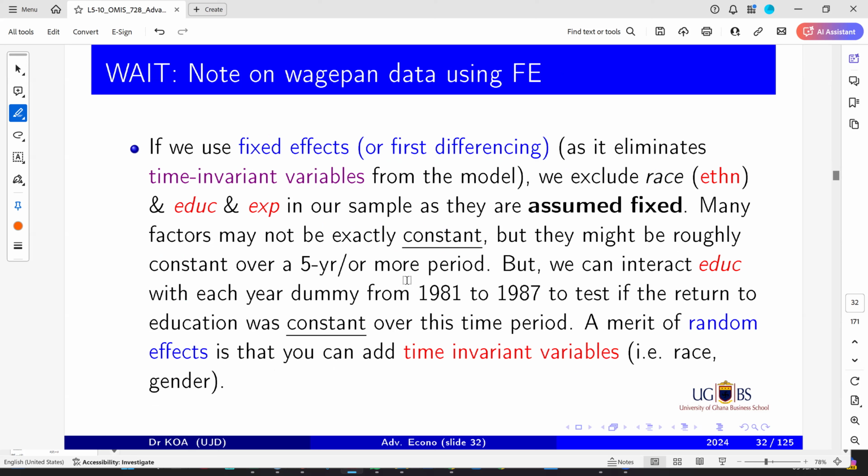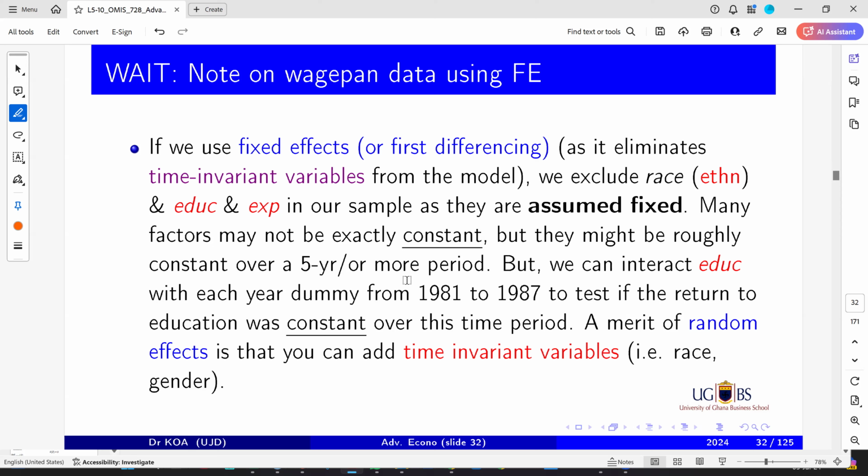If it is a fixed effect model, fixed effect, as the name sounds, will remove every time invariant variable, every time constant variable. So you will not get them in the fixed effect model. So anything that is fixed, like race, will be removed from the fixed effect model. Now remember that we've indicated that for this very example, education can be fixed and experience can be fixed.